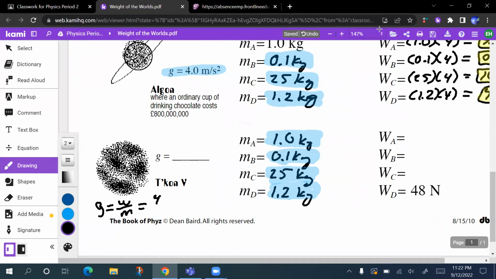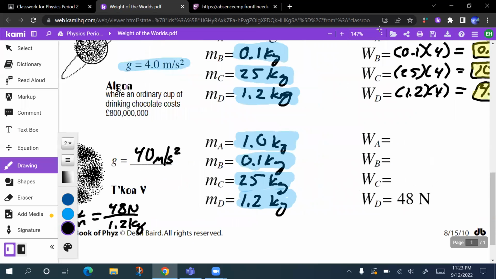So the weight is 48 newtons divided by 1.2 kilograms. 48 divided by 1.2 gives us exactly 40 meters per second squared.